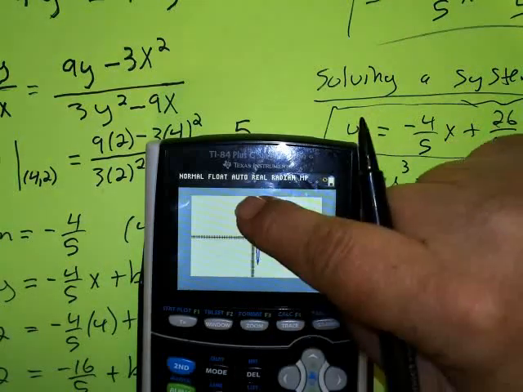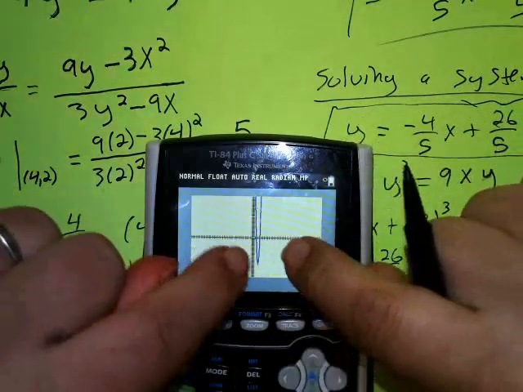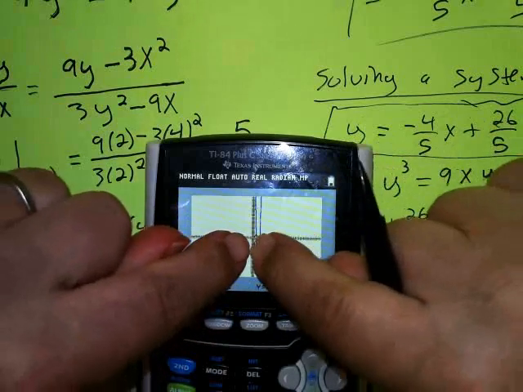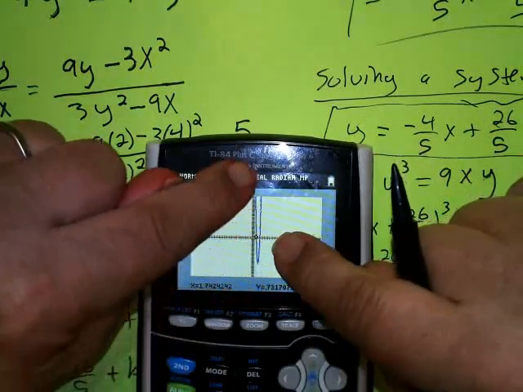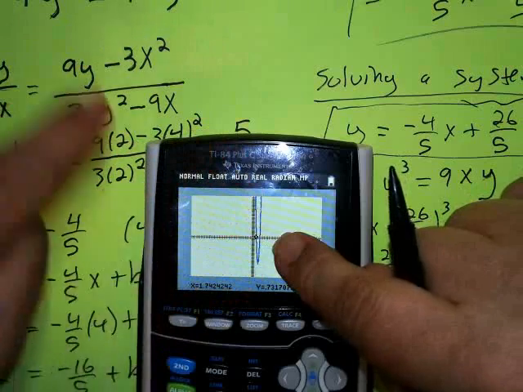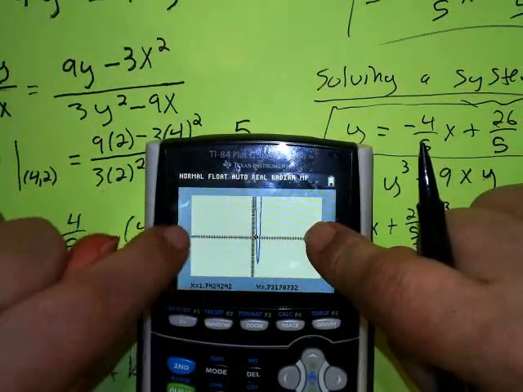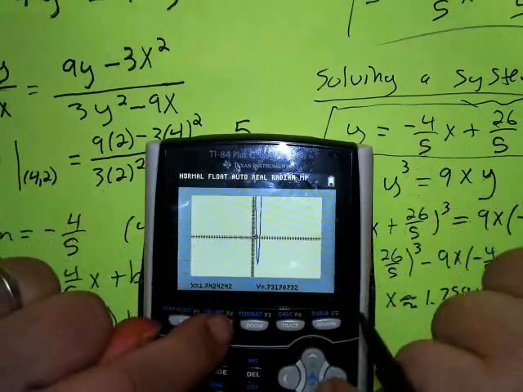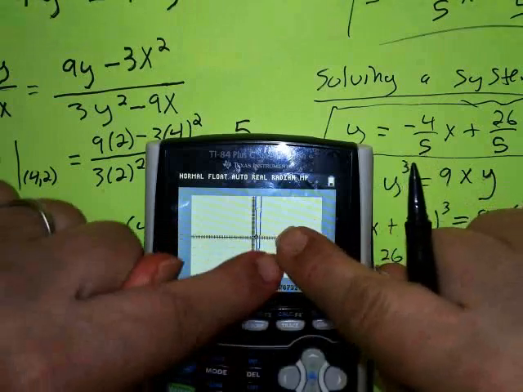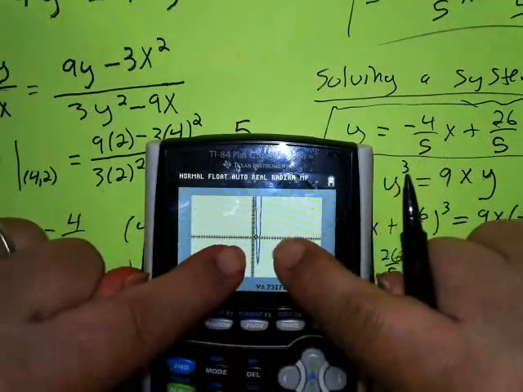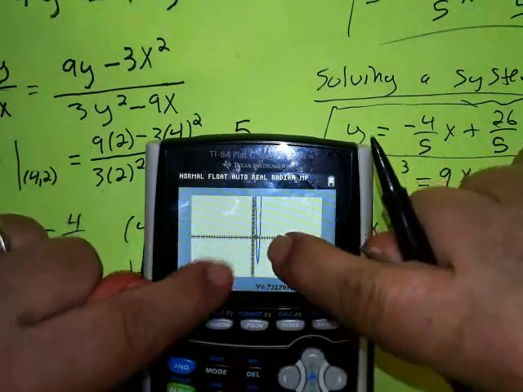This thing is clearly going to go up and back down, but it looks like it's happening further out over here. You can play around and try to get a better picture, but I don't need much more over here.